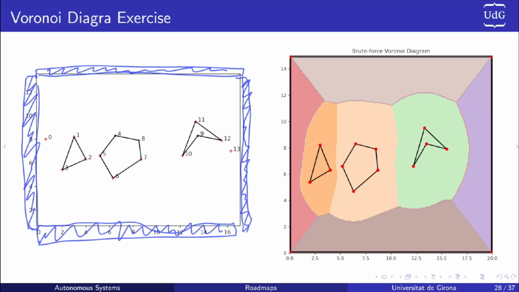Then there is another step that says, okay, my graph, my roadmap, should be something like that, where I have a node here, a node here, a node here. Look that here the edges are not even straight lines. Doesn't matter, you can have edges that are not straight in a graph, of course.